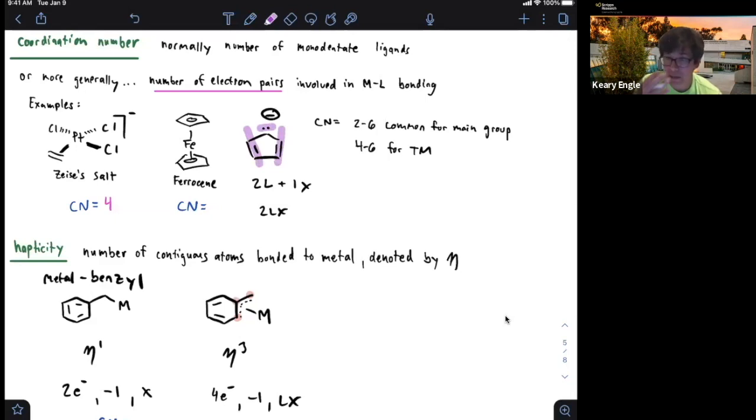We said that alkenes are dative ligands, and then essentially one alkyl ligand, one X-type ligand, or in other words, an LX ligand. And that also tells us then that we have essentially three electron pairs per Cp engaged in bonding. In other words, an overall coordination number of 6 for ferrocene.